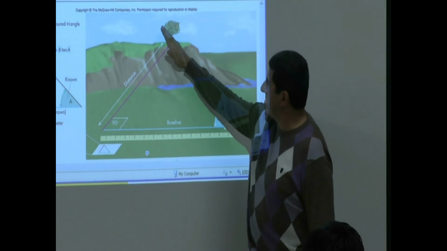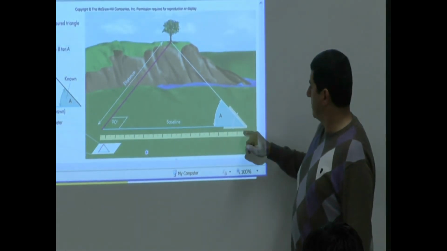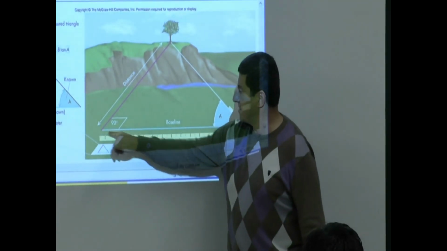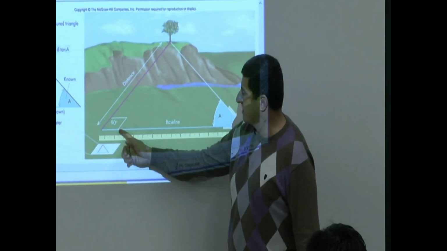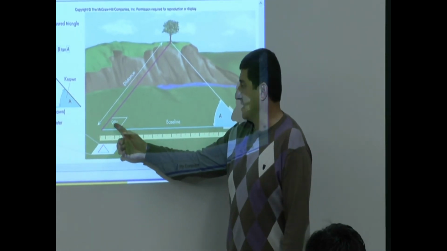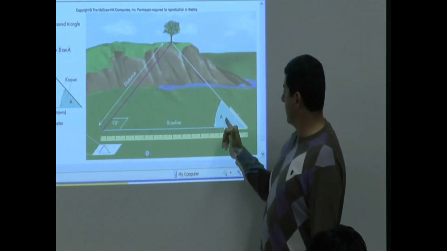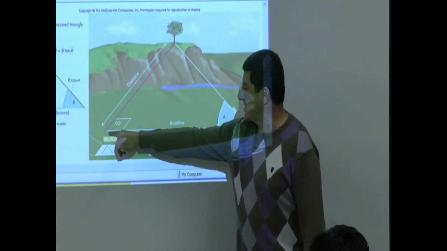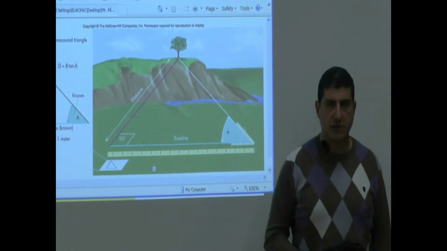I find out the angle to the tree. This is my baseline. Then I walk over a certain distance. I view that tree, and then I measure that angle. In this case, the angle came out 90, but it doesn't necessarily have to come out 90. Once I know this angle, and I know this angle, and I know the baseline, I can find out the distance to the tree. Okay?